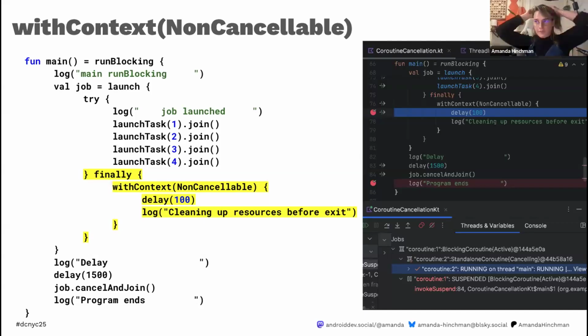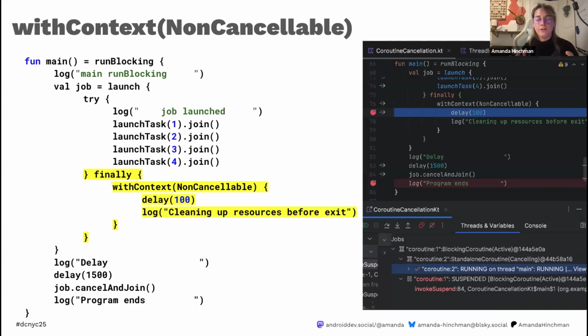You should always be using IO for IO related things, like accessing the database and network calls. With the IO dispatcher, you have access to something like 64 threads.